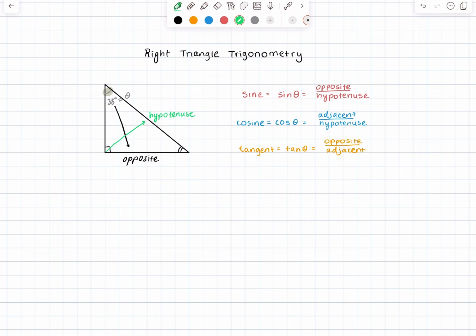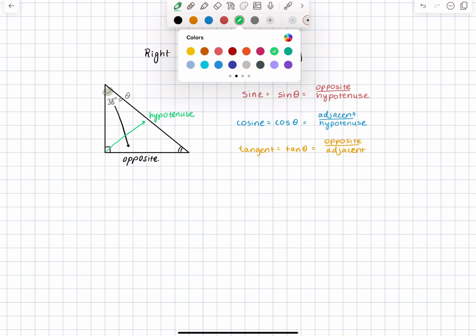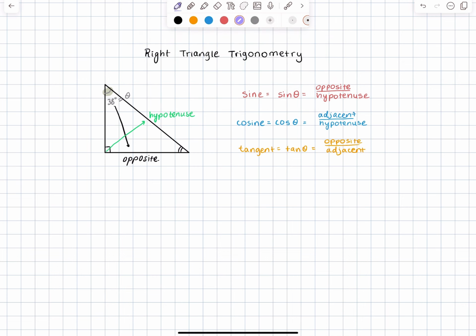And lastly, we have our adjacent, which is always touching the angle and it's not the hypotenuse. So this is our adjacent side. When we have a theta here, we're always going to refer to our opposite and adjacent based on that theta.